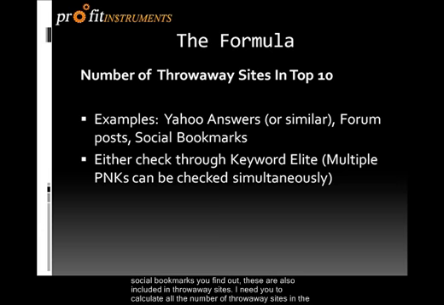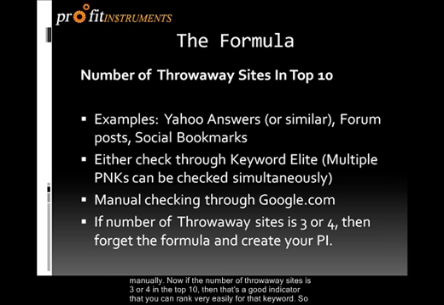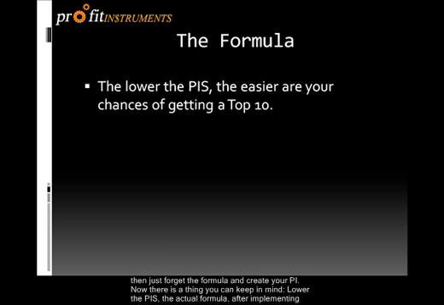You need to calculate the number of throwaway sites in the top 10. You can check it through Keyword Elite, or manually through google.com. Now if the number of throwaway sites is 3 or 4 in the top 10, that's a good indicator that you can rank very easily for that keyword. So then just forget the formula and create your PI.